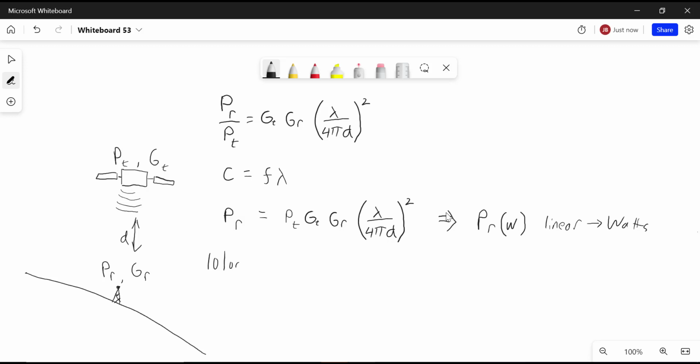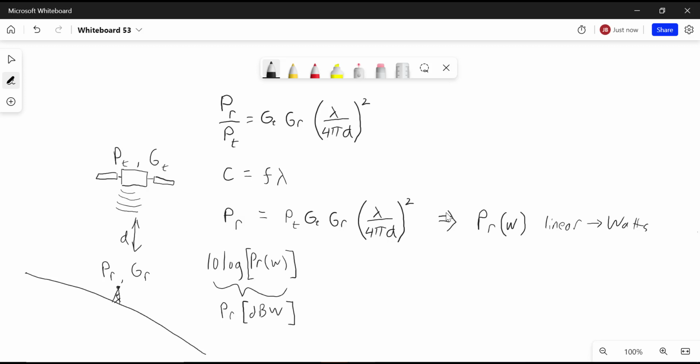If I say 10 log of PR, let's put that in brackets, and I'll say with watts units, then let's just define that as, let's say, PR in dBm units, or I should say dB watts to be specific.